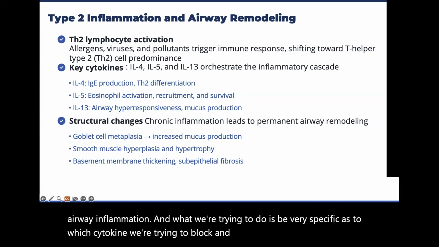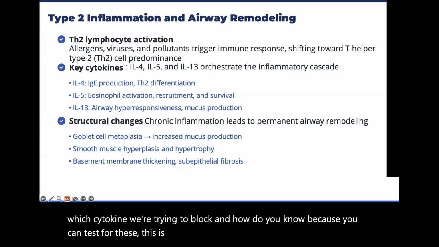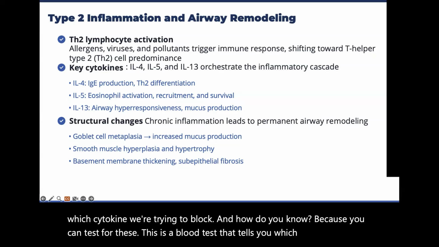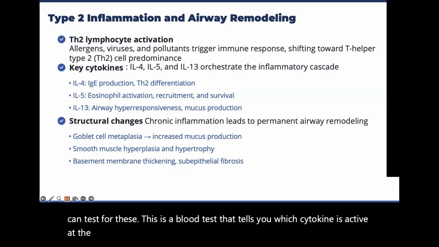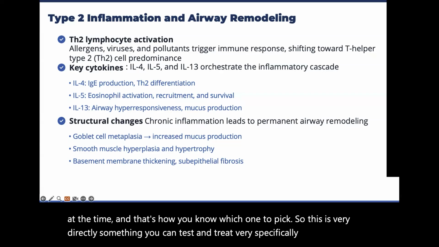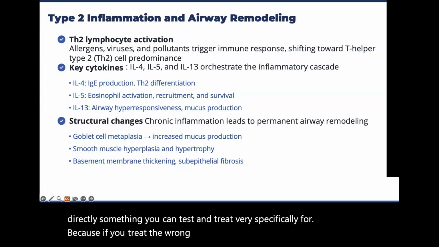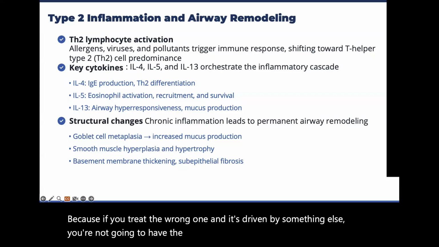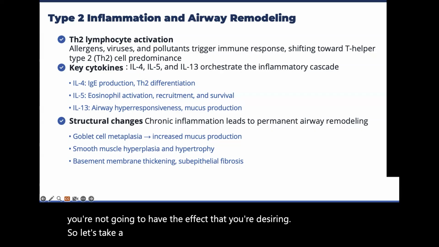And how do you know? Because you can test for these. This is a blood test that tells you which cytokine is active at the time, and that's how you know which one to pick. So this is very directly something you can test and treat very specifically for. Because if you treat the wrong one and it's driven by something else, you're not going to have the effect that you're desiring. So let's take a look now at these structural changes in chronic airway remodeling.